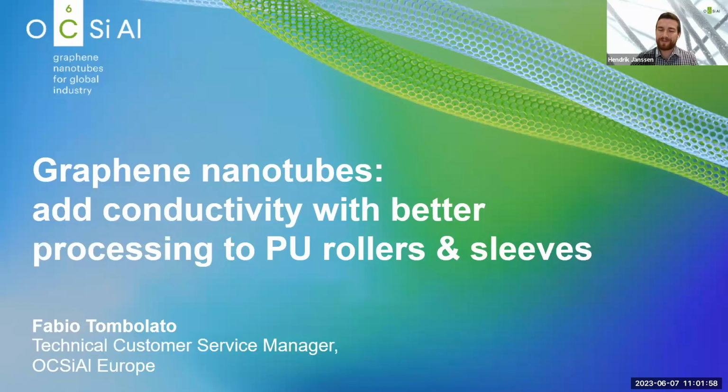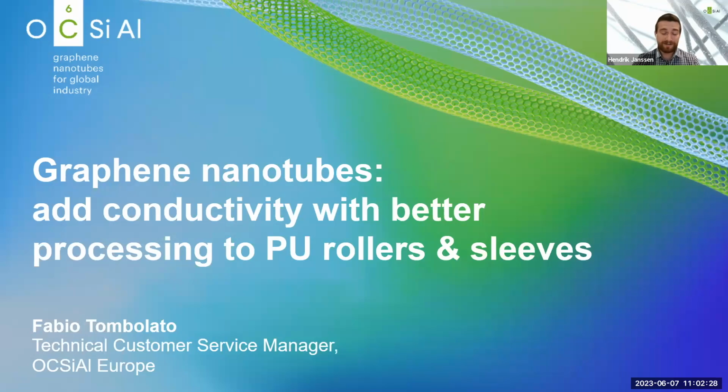I'm happy to present our speaker, Dr. Fabio Tombolato. He's the technical support manager for the EMEA region at OCSiAl and has a large background in the polymer industry. He has a PhD degree from the University of Padova in molecular science with a strong focus on soft condensed matter and polymers, and is working now for more than 14 years in different fields of the polymer industry. He worked on developing new coatings in civil, industrial, or textile applications.